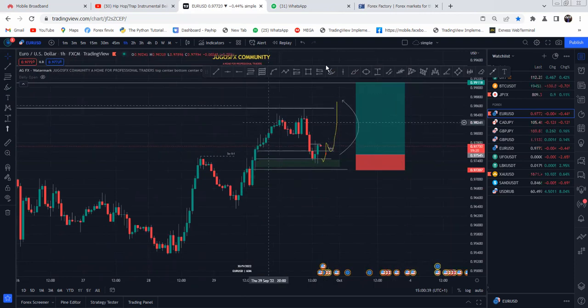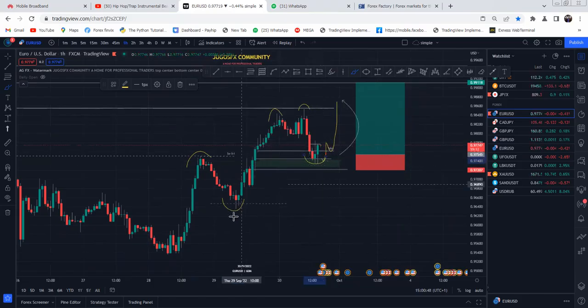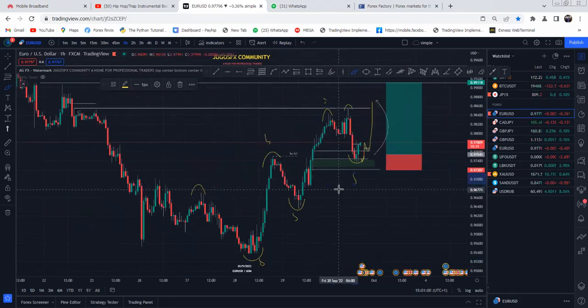And then remember, I said any swing high like this, swing low, all these areas, there is liquidity sitting right there. And below is always sell side liquidity. Above is always buy side liquidity. Here's buy side, here is sell side, here's buy side, here is sell side liquidity.